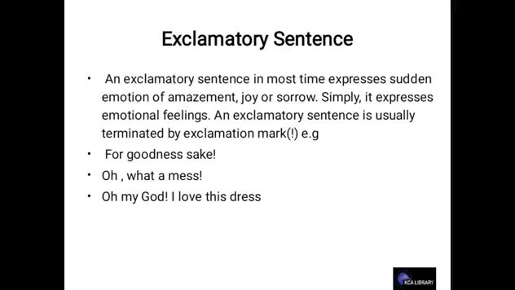Oh, what a mess! Oh my God, I love this dress! These are examples of exclamatory sentences. If you look at these sentences, they end with an exclamation mark, which is mainly showing an emotional outburst.